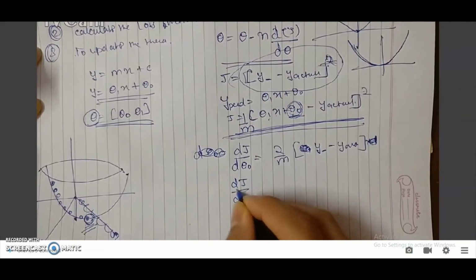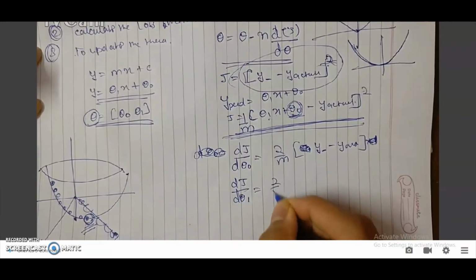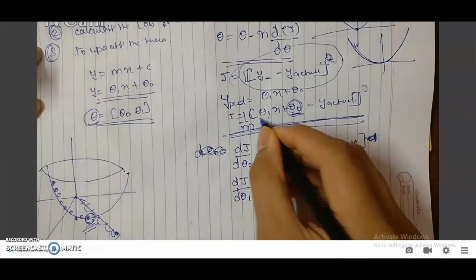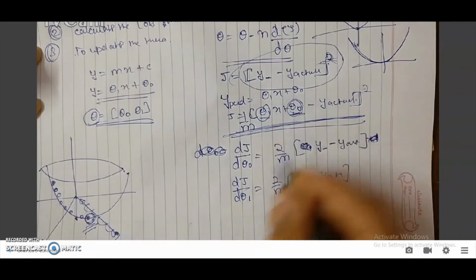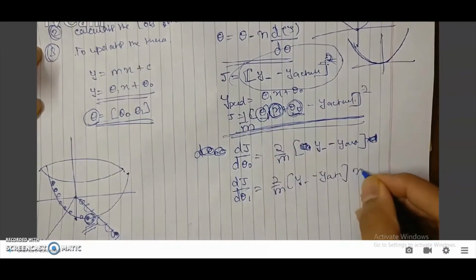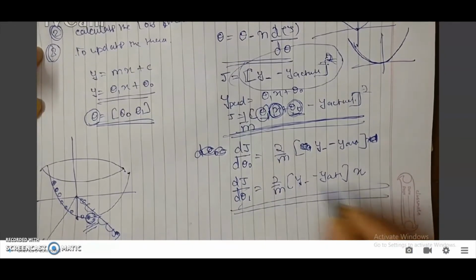And dJ by d theta 1, that would be 2 by m, y dash minus y actual, and here the theta 1 multiplied coefficient is x, so we'll multiply it by x. So we got the two gradient values that we need to update.